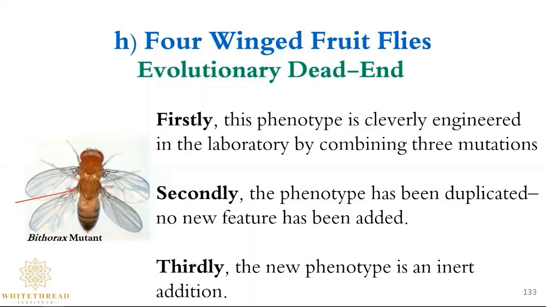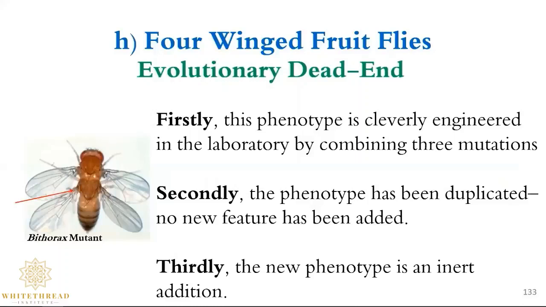Geneticists who are engineering this in the lab are intelligent beings, and if they are producing these mutations and putting them into specific locations on the genome, then that's an intelligence, that's an input by an intelligent agent, and that doesn't prove Darwinian evolution. So that's the first flaw in this line of reasoning from the Darwinian point of view.